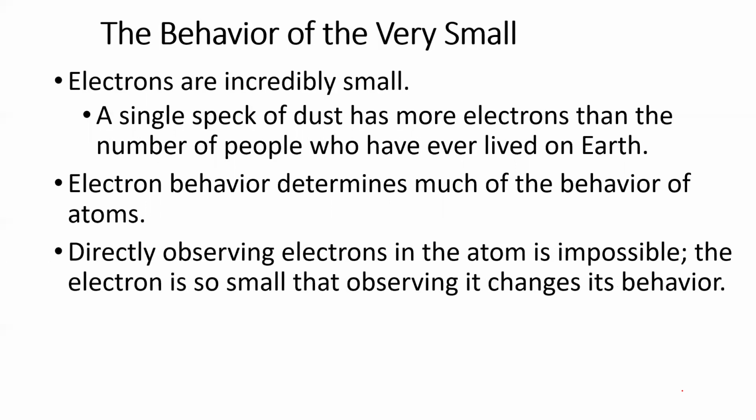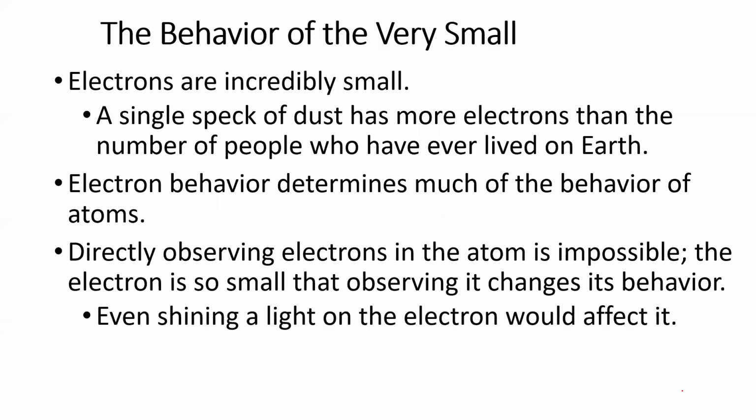Directly observing an electron in an atom is pretty much impossible. It's so small that observing it actually changes its behavior. This led to a lot of problems using classical mechanics or classical physics to explain the behavior of electrons and atoms themselves. Even shining a light on the electron would affect it.